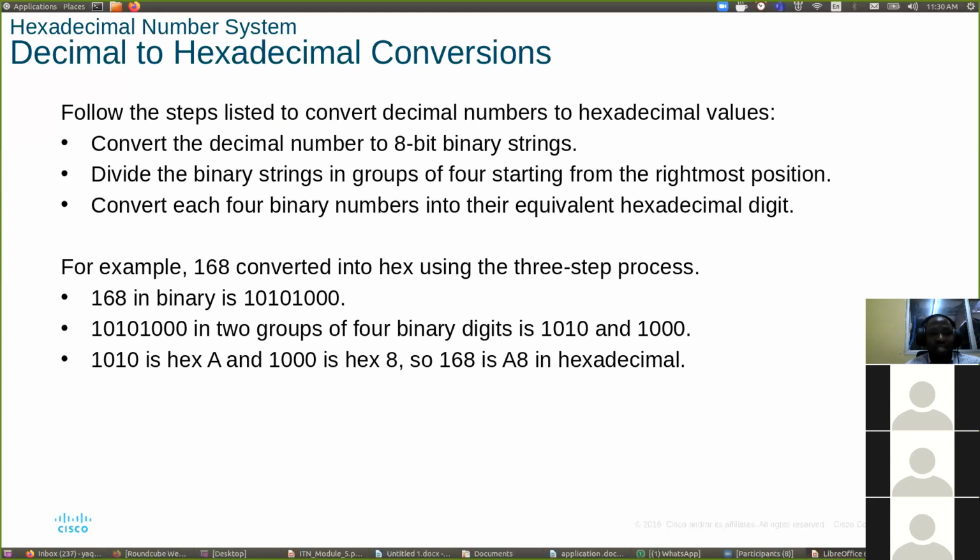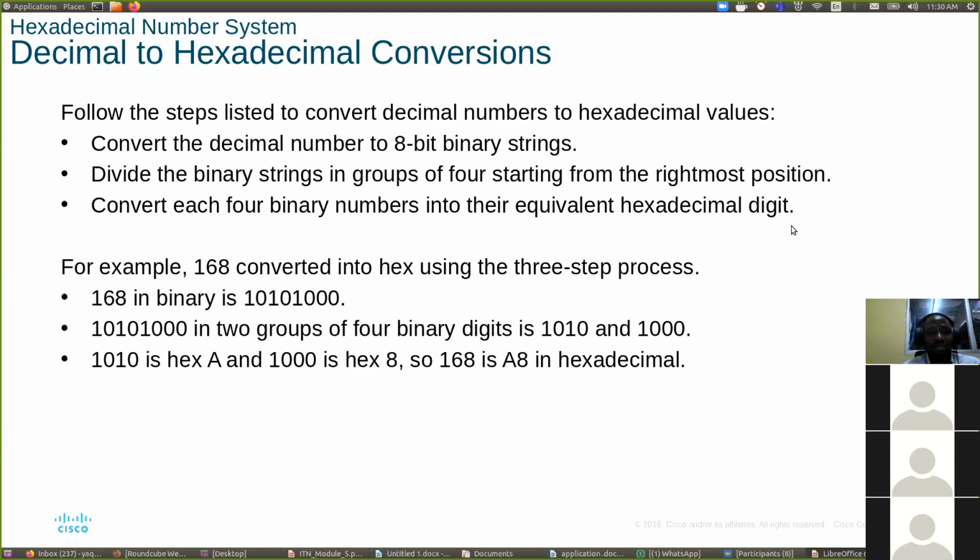Decimal to hexadecimal conversion. How do we convert a decimal value to a hexadecimal value? It says, convert the decimal number to an 8-bit binary string. Divide the binary string into groups of 4, starting from the rightmost position. Convert each 4-bit binary group into its equivalent hexadecimal digit.